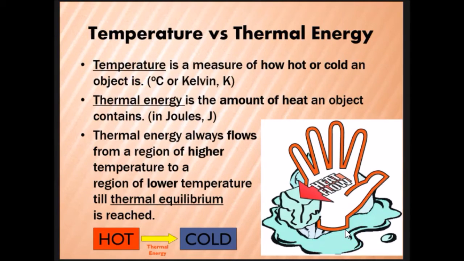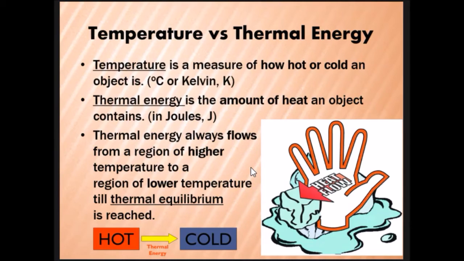Temperature is not the same as thermal energy. How they are related is this. An object that is hot has more thermal energy or heat compared to an object that is cooler. So naturally, this also means that thermal energy will flow from a region of higher temperature to a region of lower temperature. It makes sense, right?